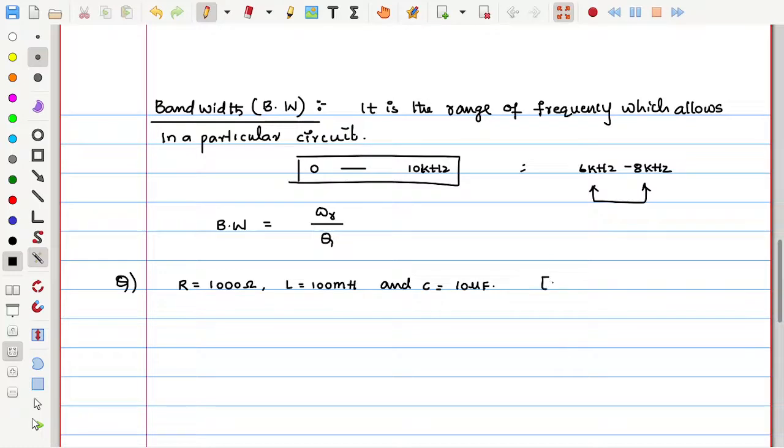This is a series RLC circuit. The RLC parameters are given.